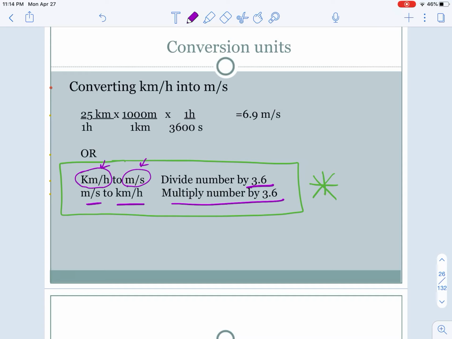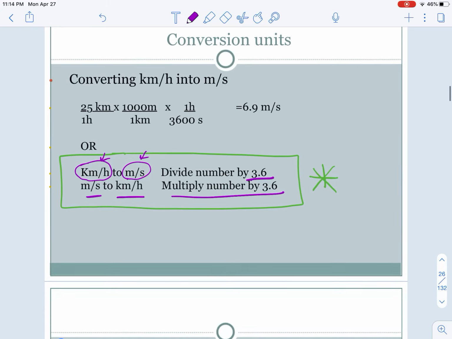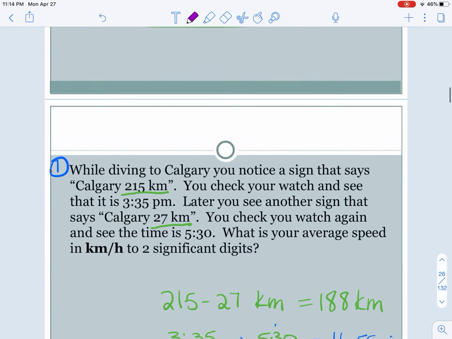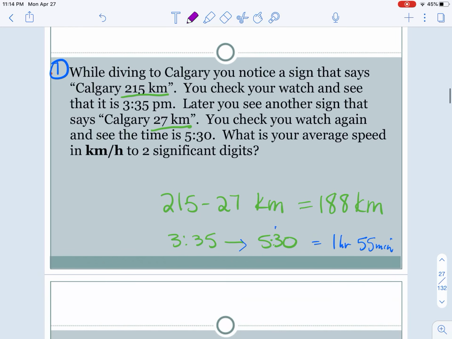If you've got meters per second, but you're being asked it in kilometers per hour, you would multiply by 3.6. So you'll see how this trick is a very easy way to convert from one to the other, depending on which one they are asking you to state your answer in.